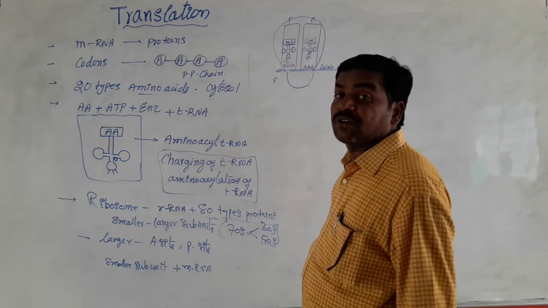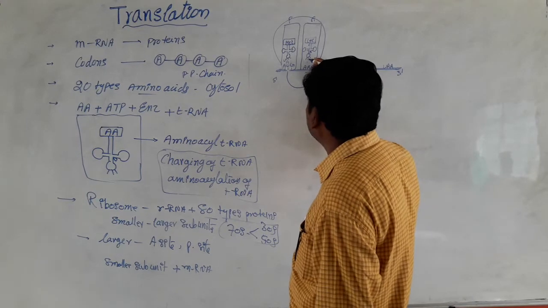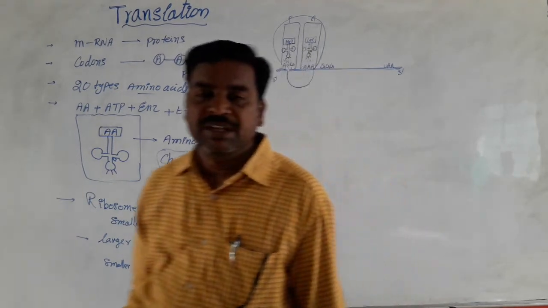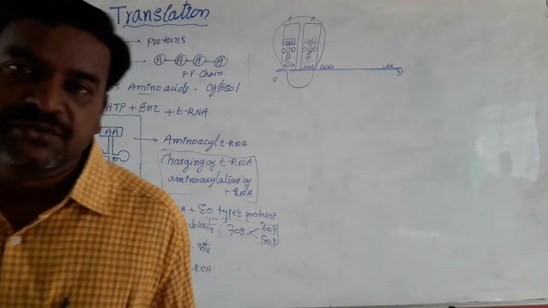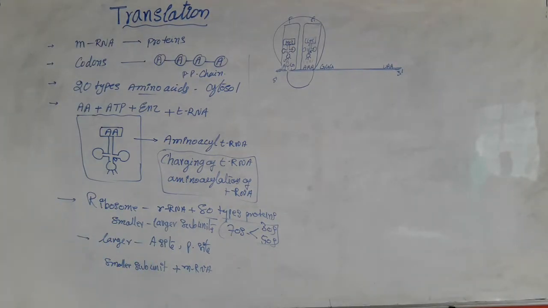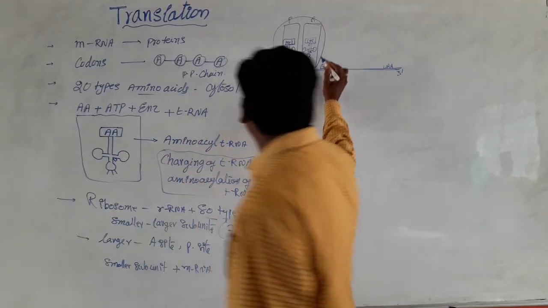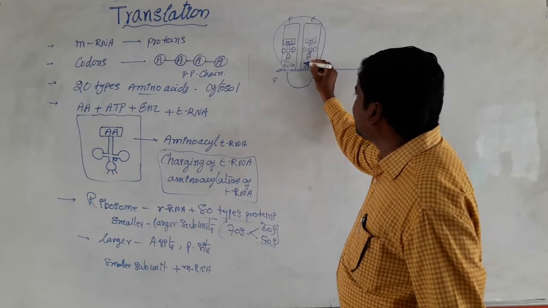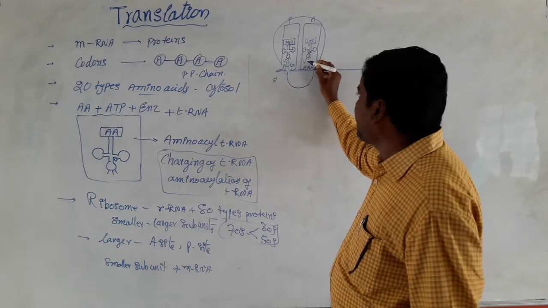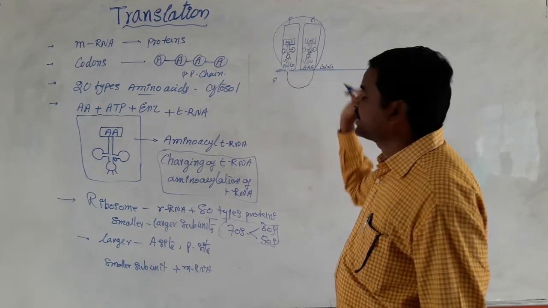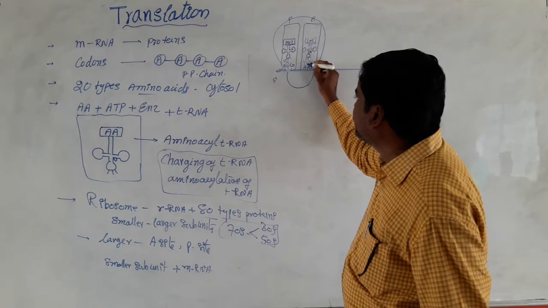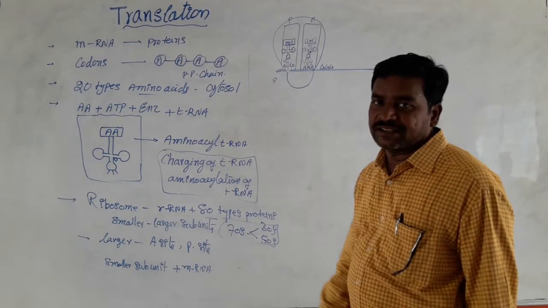The anticodon of this tRNA is complementary with the codon of mRNA, so A is complementary with U, like that.